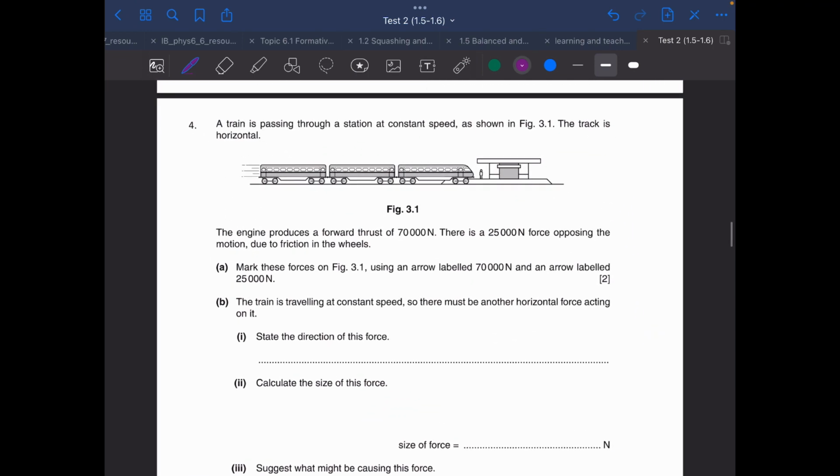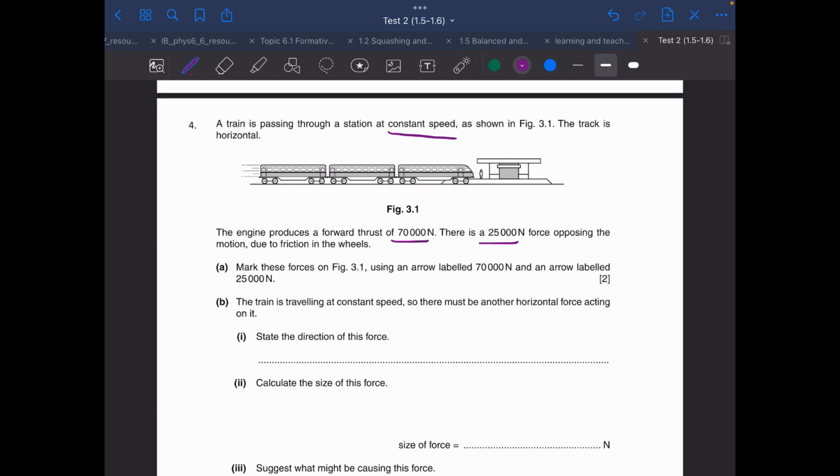Question 4. A train is passing through a station at constant speed. Constant speed is always important information to highlight. As shown in the figure, the track is horizontal. The engine produces a thrust of 70,000 newtons, and there is a 25,000 newtons force opposing the motion due to friction in the wheels. Mark these forces on the diagram using an arrow labeled 70,000 newtons and an arrow labeled 25,000 newtons.